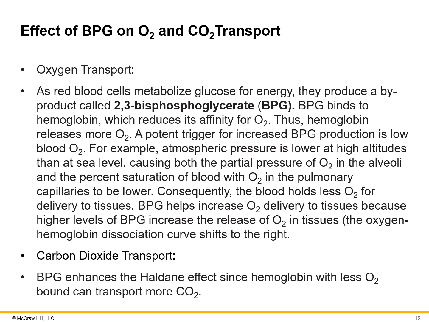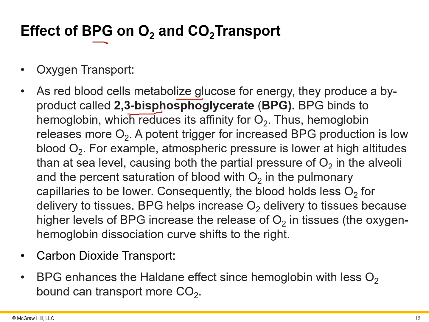The transport is also affected by a molecule called BPG, which stands for 2,3-bisphosphoglycerate. A lot easier to say BPG. This is a byproduct that's made during the metabolism of glucose. As glucose is being broken down to produce ATP, that's increasing the carbon dioxide production, but it also produces this byproduct called BPG.